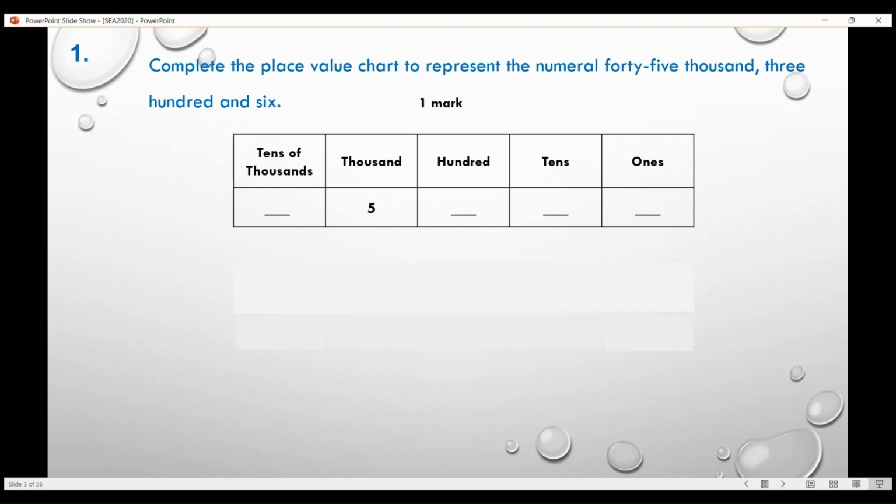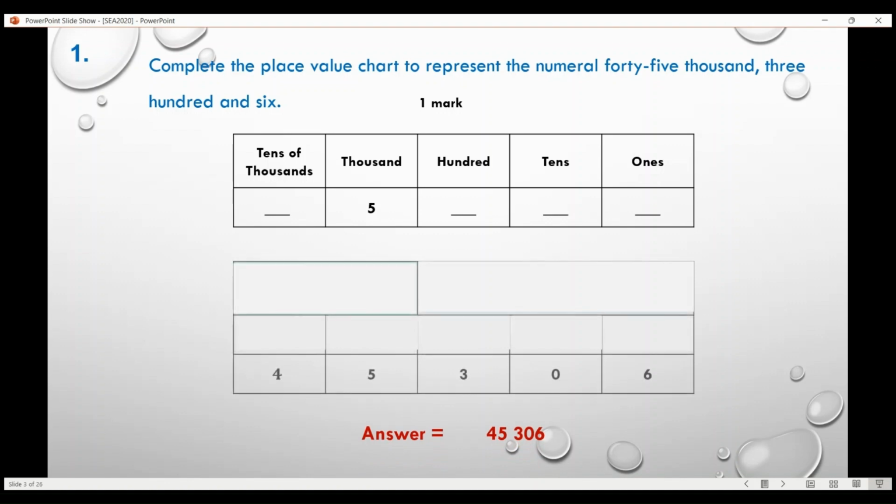Some of you can easily tell the answer, which is 45,306. Just for clarification, when we think about this number, the first value, the 6, is the ones place, then tens, and then hundreds, just as shown above.